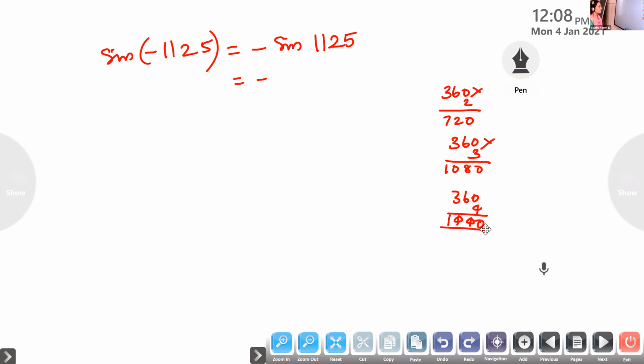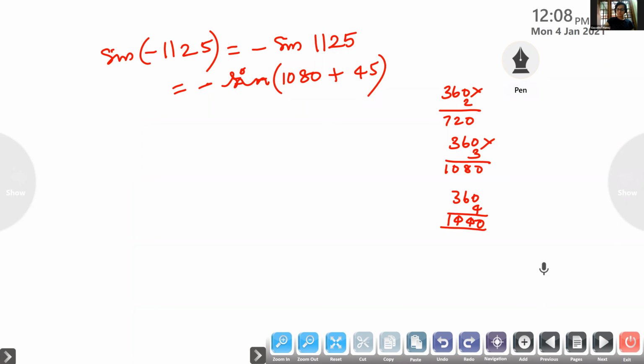So how can we write this? Sine of 1080 plus 45. Is it correct? With 1080 plus 45, you will get 1125. Is it correct, Gayatri? Yes, ma'am.